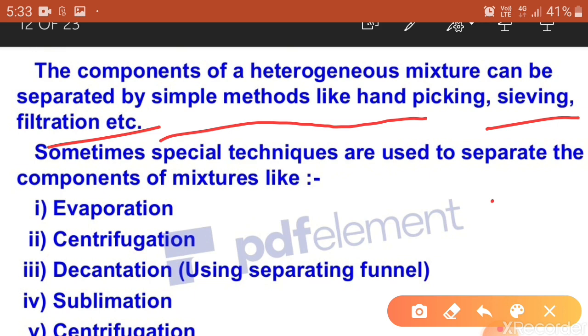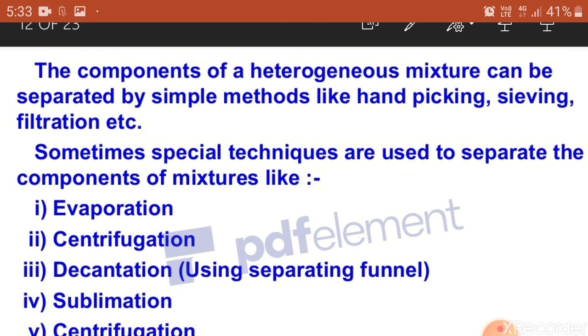We are going to study evaporation, centrifugation, decantation, sublimation, chromatography, then simple distillation and fractional distillation. One more method is crystallization. We will discuss these methods one by one.